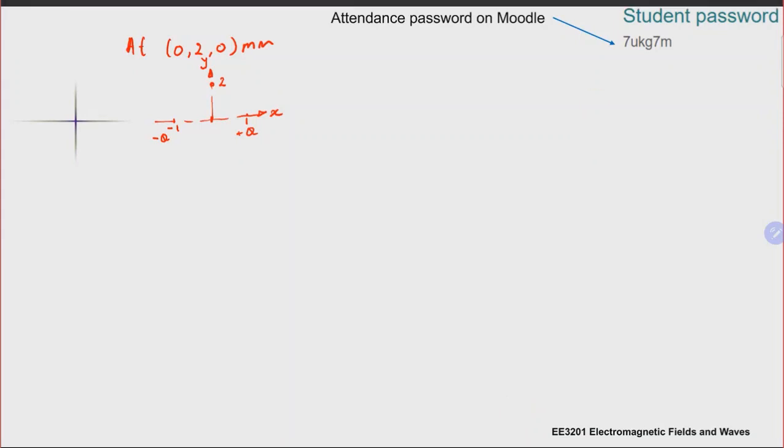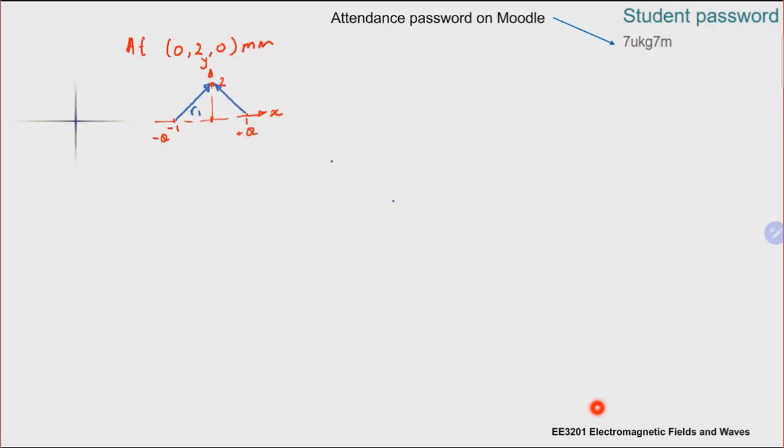So again, we can write down the vector positions between the charge and the positions of observation. Let's call this R1, this vector R2. So again, we can solve this as two separate problems, and then we sum up the two.